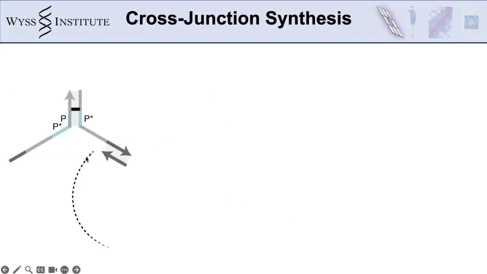Imagine on this strand, we have our cDNA sequence that we need to recover and sequence, and on this side is our DNA barcode sequence that we want to stitch it together with. What we do is we have this cross-junction geometry, and we introduce a polymerase, a strand displacing polymerase in this case, to copy the cDNA sequence up until the cross-linked base.